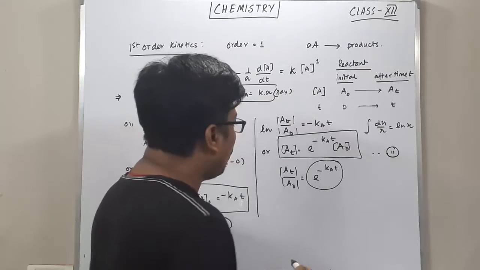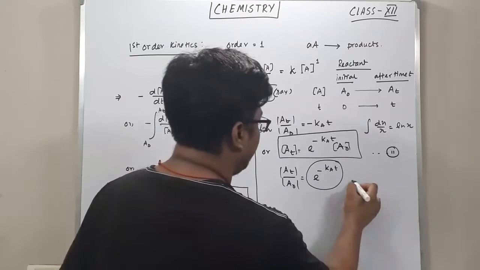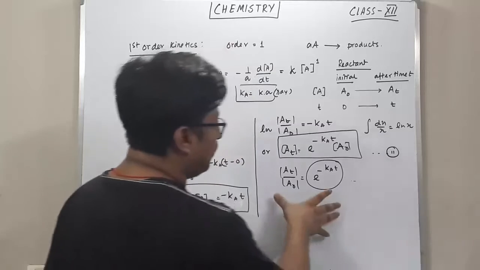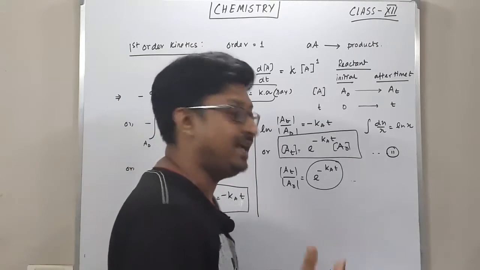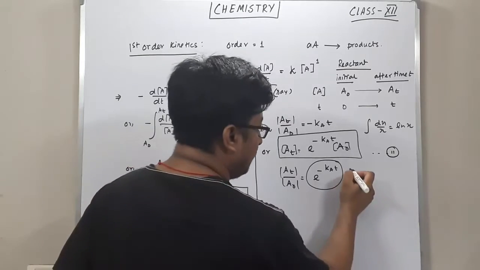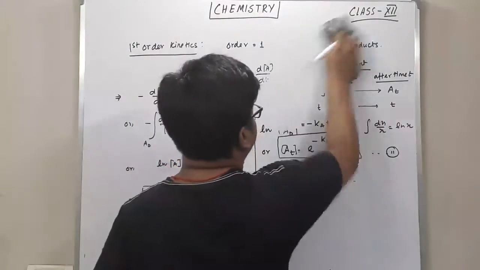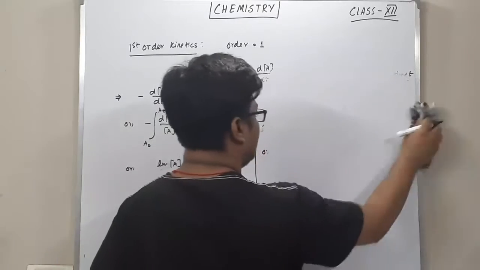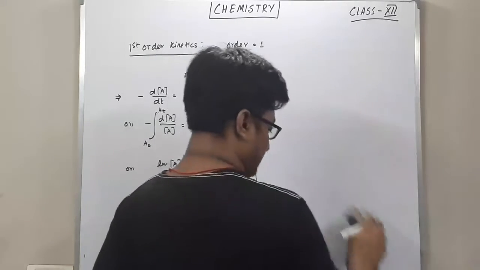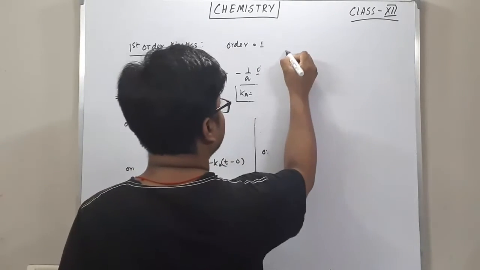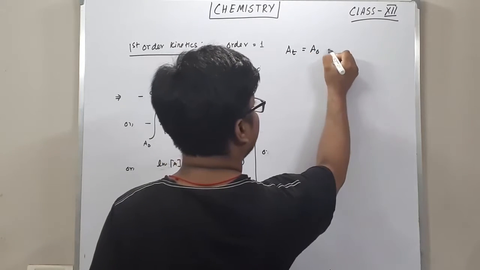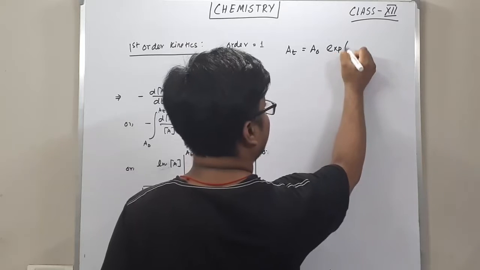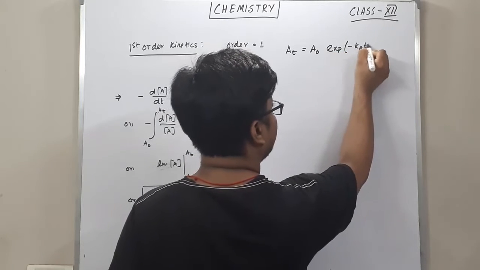If I plot this, At is equal to A0 into e to the power minus k t.